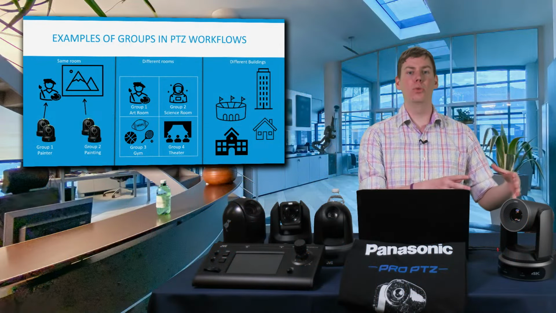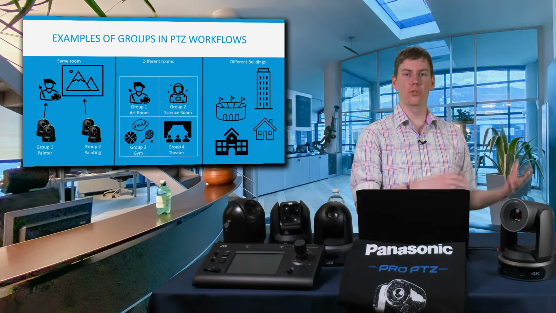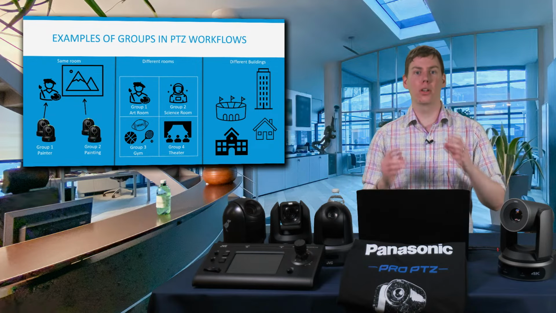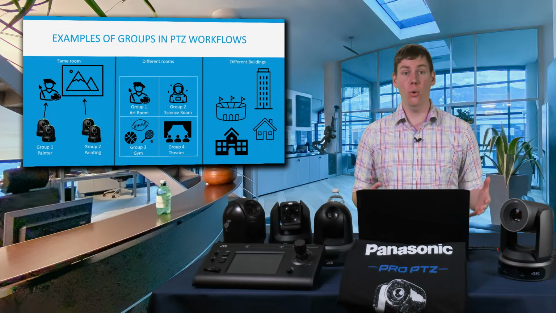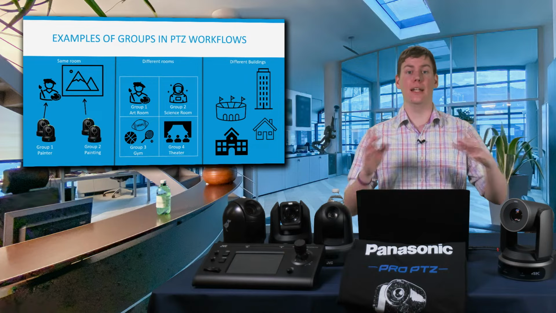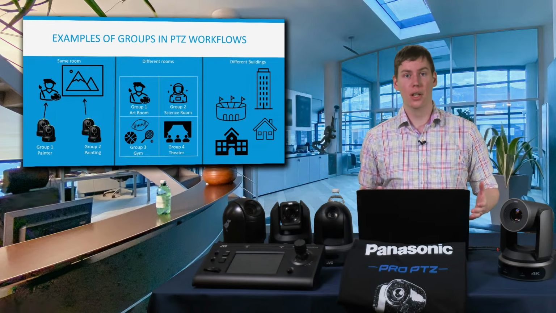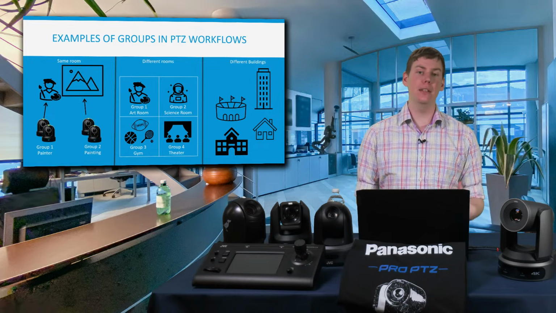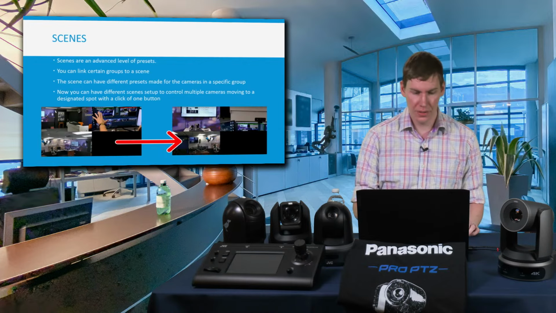Well, now each room is going to be grouped. So when you're using your controllers all the way from your control room, you're not controlling the wrong cameras. You are controlling the ones that are in this assigned group. And then, of course, if you're going to be using something like NDI Bridge and controlling cameras across multiple buildings, well, then you're really going to want to be using groups. Groups, again, is mainly just to keep your cameras organized and managed.